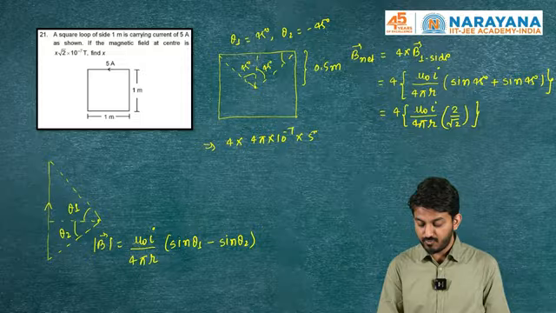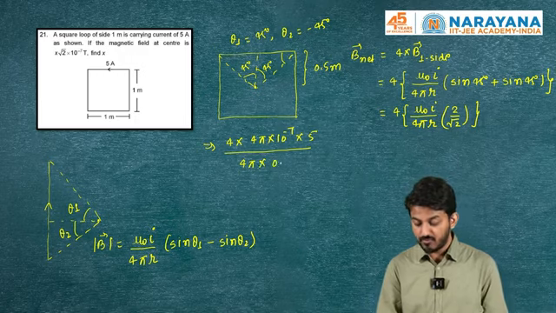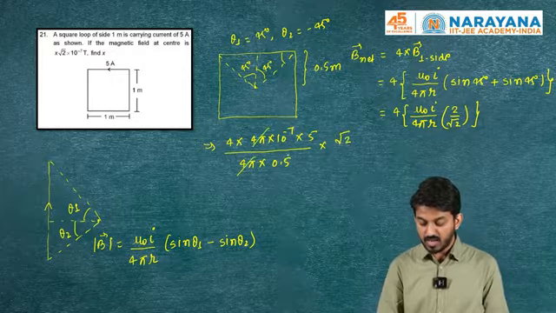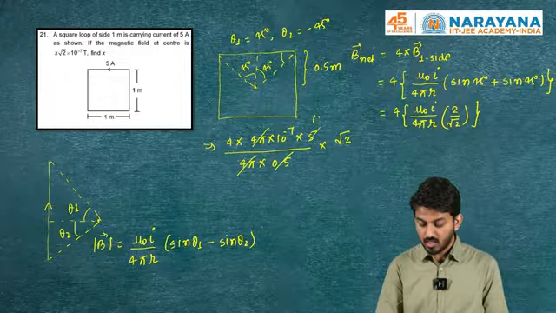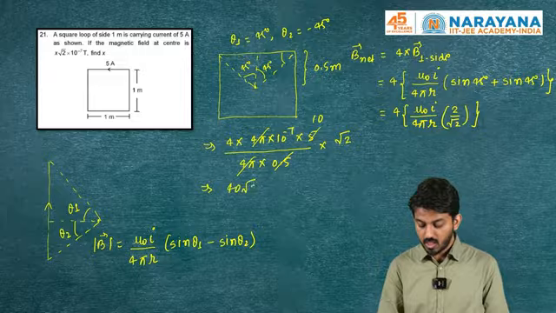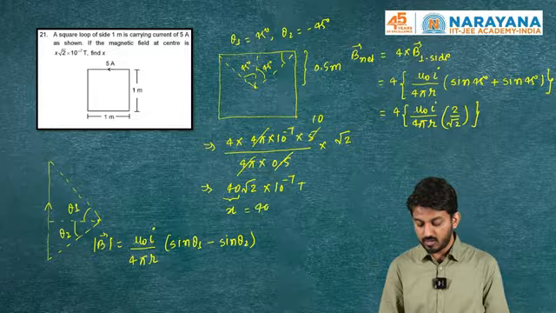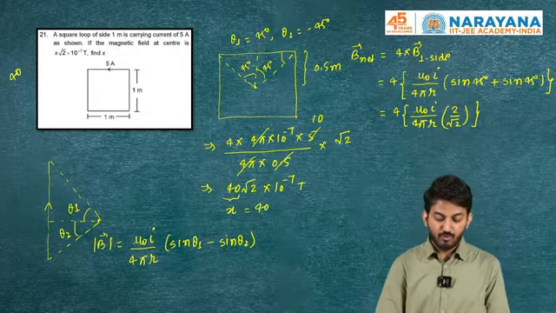Current is said to be 5 ampere, divided by 4 pi, and r here is going to be 0.5, half of the side, and here we get root 2. 4 pi and 4 pi get cancelled. Here I get 10, giving us 40 root 2 into 10 to the power minus 7 Tesla. So x here is this, so that's 40. So answer here being 40.